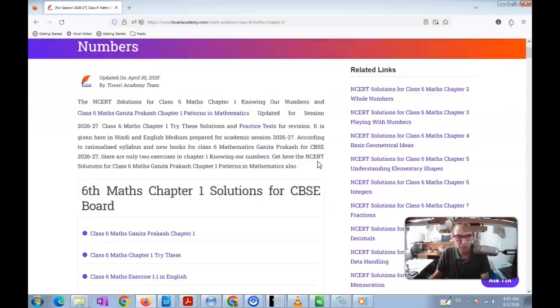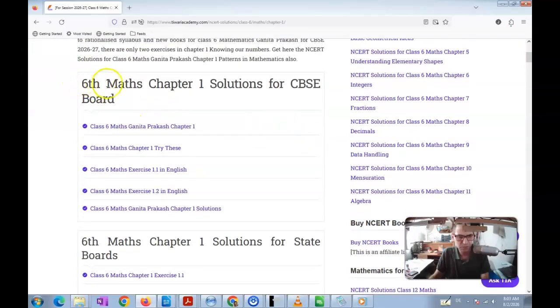Usually on the top of the page, for example, you see over here 6th math chapter 1 solutions for CBSE board. You always want to go for the CBSE board or the NCERT board. There are two things. For example, over here it's written for the state board.